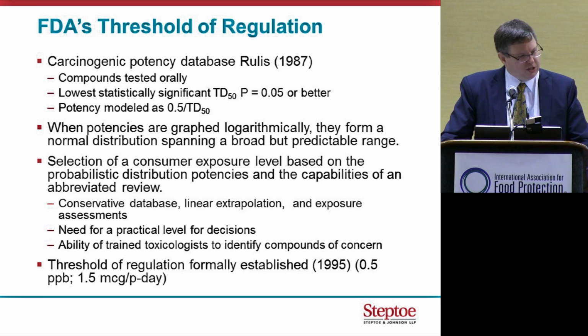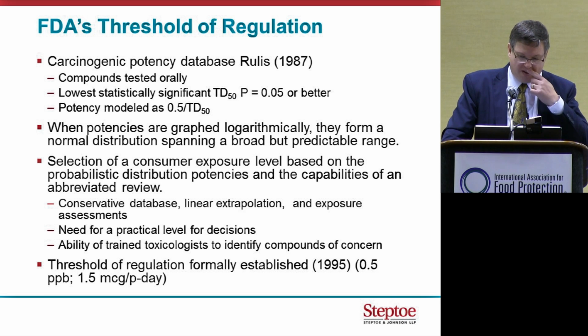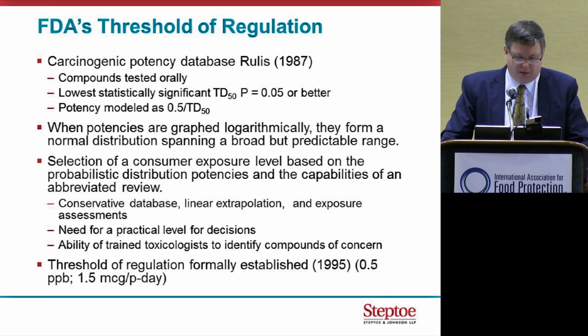The selection of a consumer exposure level, an actual threshold, however, based on that probabilistic distribution, took into account a number of factors. The fact that the database was using only the lowest TD50 to determine a 1 in a million risk level, the agency was using a linear extrapolation, worst case extrapolation.